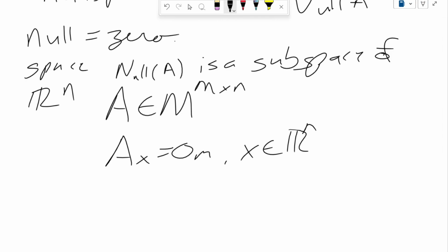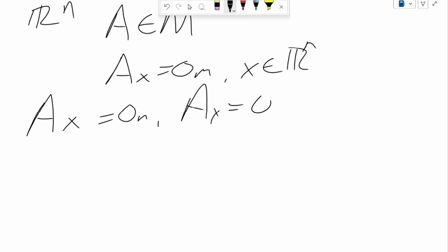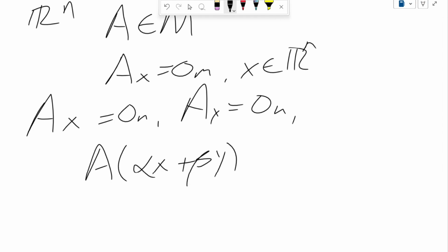And to see that it's a space, what you can realize is that if I have two solutions, say Ax = 0_m and Ay = 0_m, then A times (alpha x plus beta y) will be equal to alpha Ax plus beta Ay, and these are both 0.